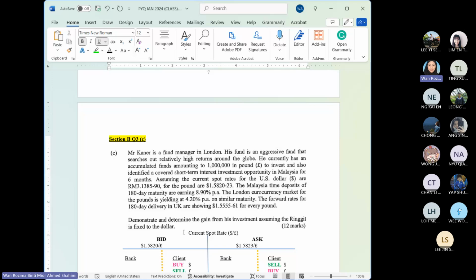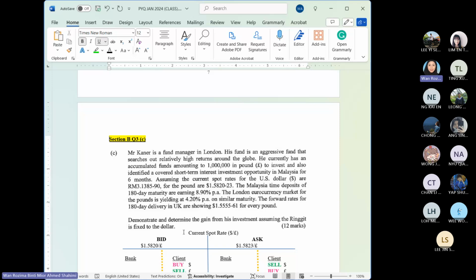The Malaysian time deposit, so this one is the deposit rate or investing rate, at 180 days maturity is earning 8.9% per annum. The London euro currency market for the pound is yielding 4.2% per annum on similar maturity.